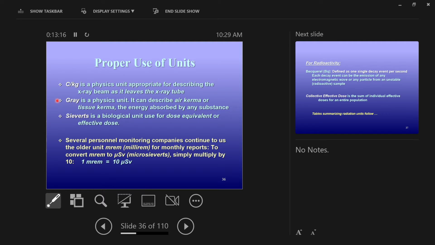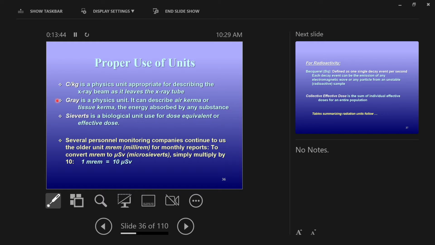The gray, as we learned, is another physics unit. It deals with energy and movement, so it's a physics unit. And it can describe air kerma or tissue kerma. We didn't call it tissue kerma earlier. We just called it absorbed dose. But all it is, it's saying, here's a unit that tells you how much energy is deposited, absorbed, into any substance.